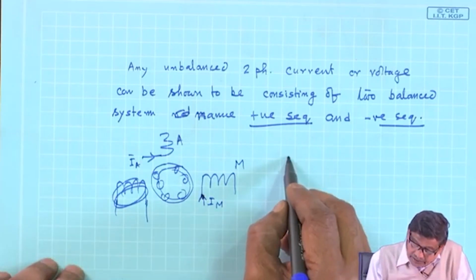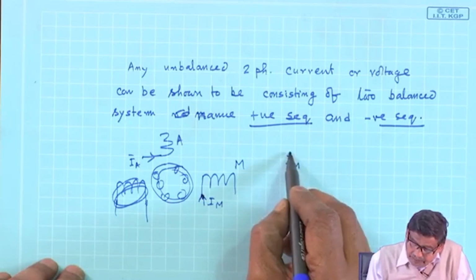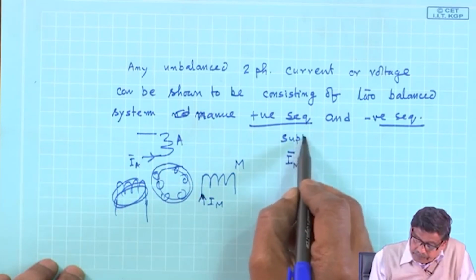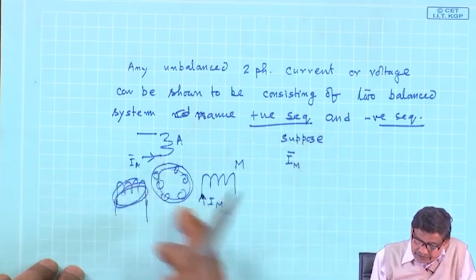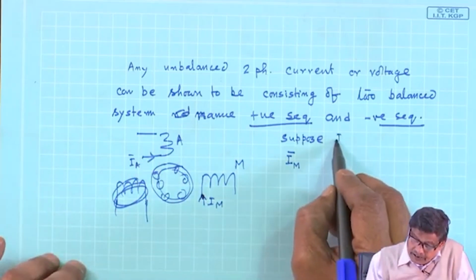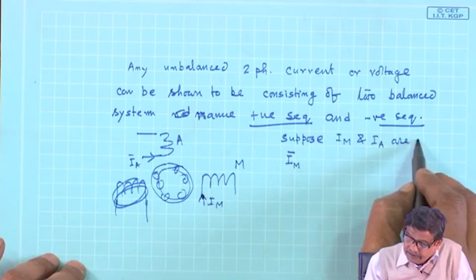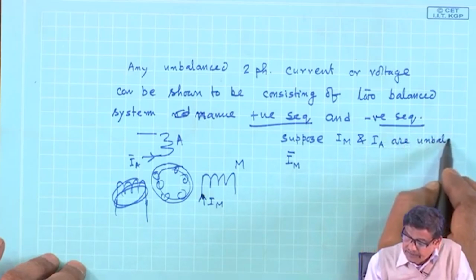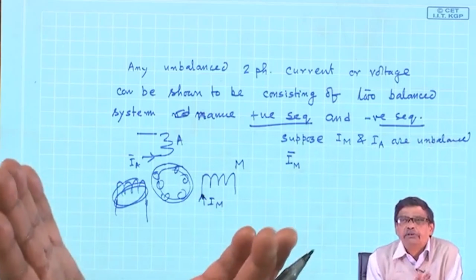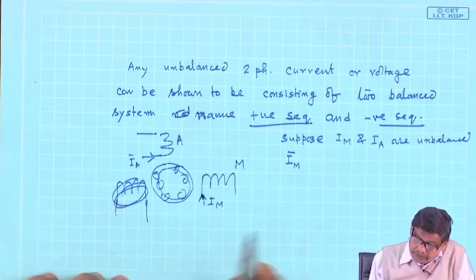Then what I am telling is, suppose these two coils are excited by currents IM and IA which are unbalanced, meaning their magnitudes may not be the same, or the angle between them is not 90 degrees, then only it is unbalanced.